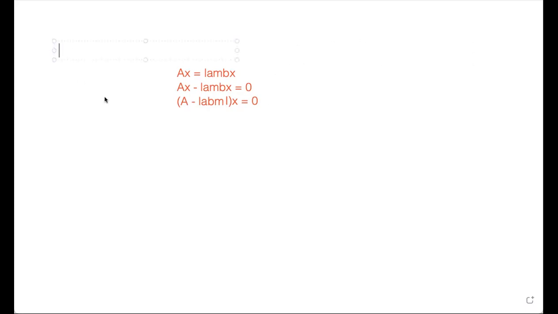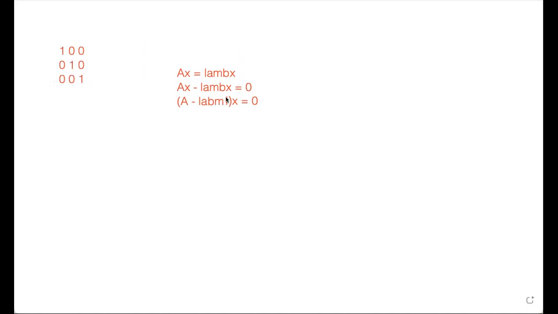If you remember the identity matrix, for an n times n matrix, the diagonal will be like this: 0, 0, 1. So this is an identity matrix. The diagonal values of this matrix will be 1.